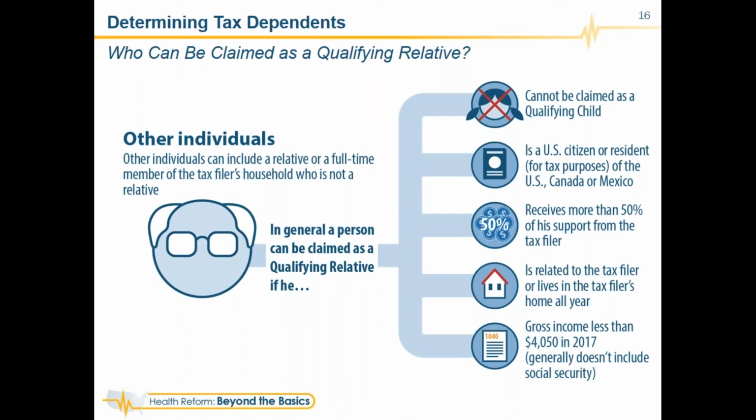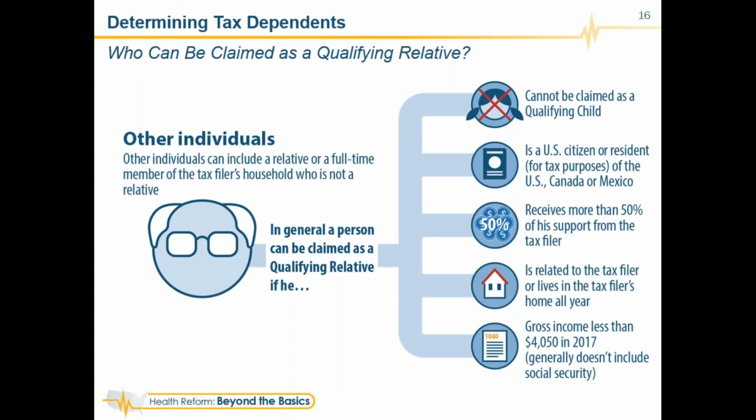They have to be, again, a U.S. citizen or resident for tax purposes of the United States, Canada, or Mexico. The dependent has to receive more than half of his support from the tax filer. And the dependent has to be, as I said, either related to the tax filer or live in the tax filer's home all year, 365 days, with some limited exceptions.